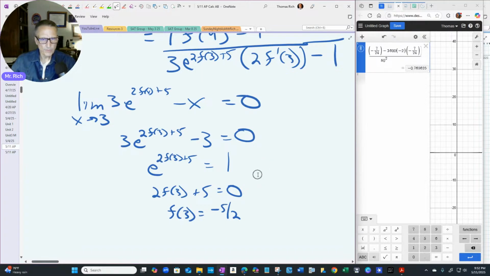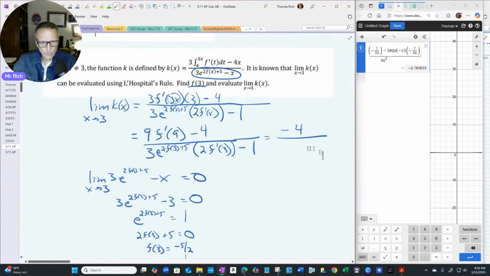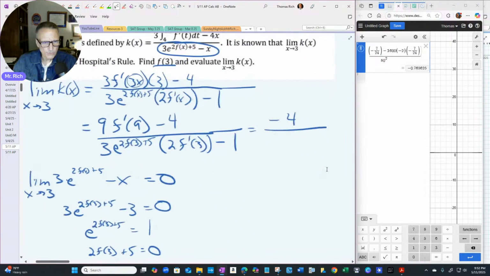So they wanted you to set the denominator equal to 0 by recognizing that if L'Hopital's rule had applied, then the limit as x approached 3 of the denominator would make it 0. So then at that point, we are able to proceed, because we didn't know what this was down here.